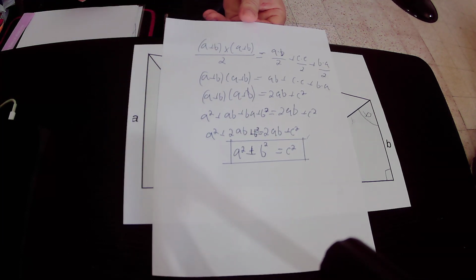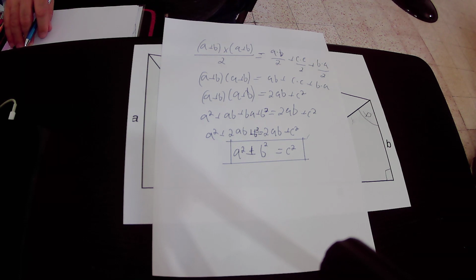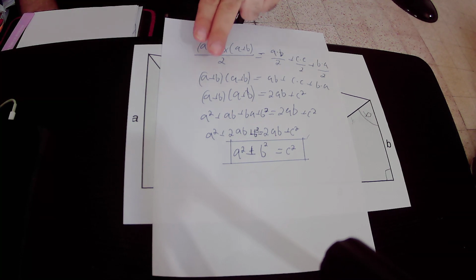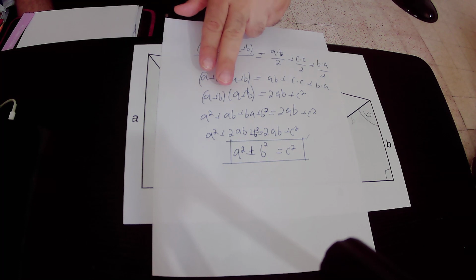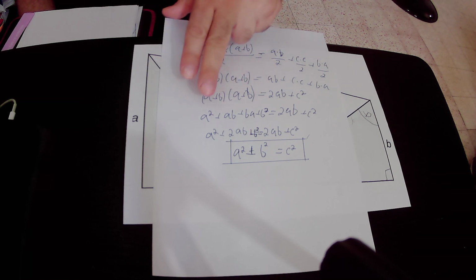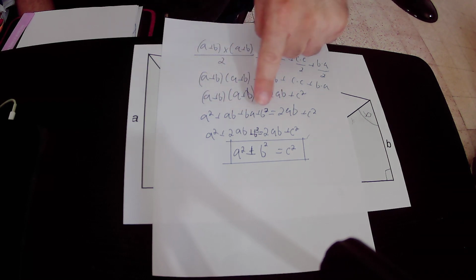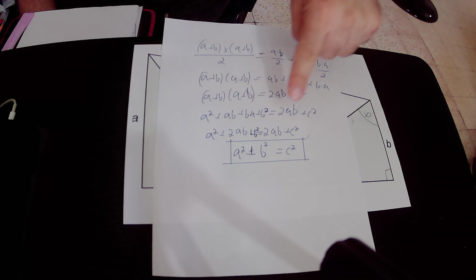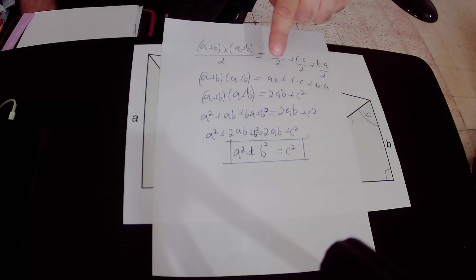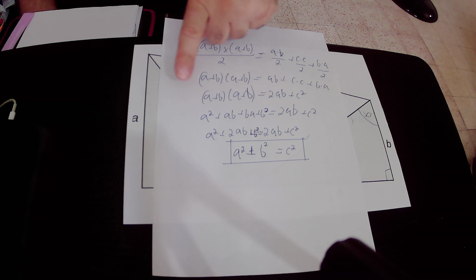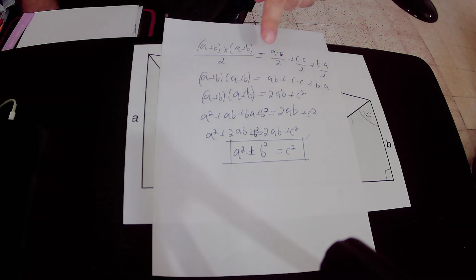I will repeat again the previous stage. a times a is a square, plus ab plus ba, plus b square, so it is a square plus 2ab plus b square, that equals 2ab plus c square. Then we subtracted 2ab from both sides of the equation, and we got that a square plus b square equals c square.